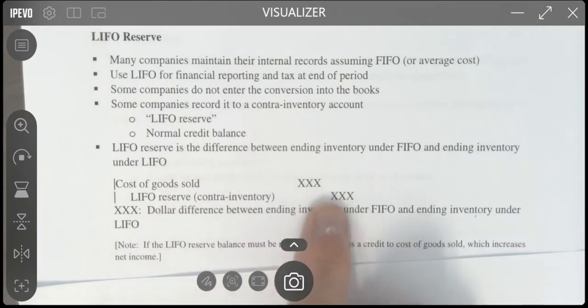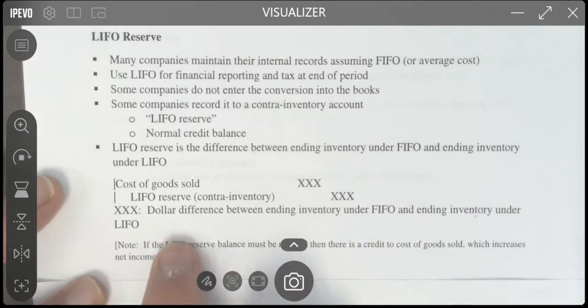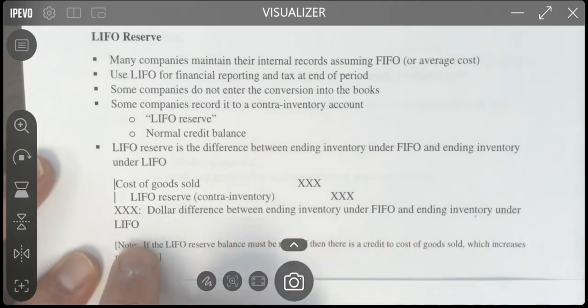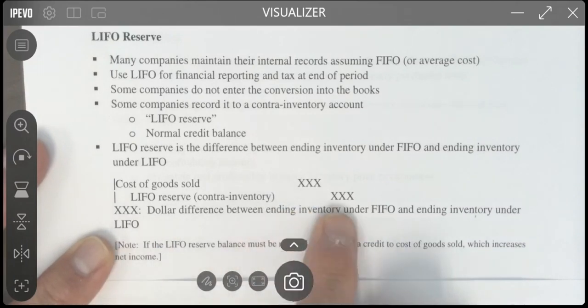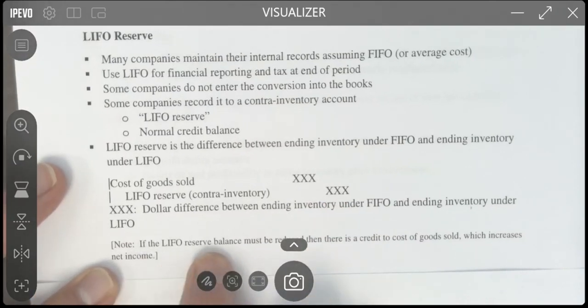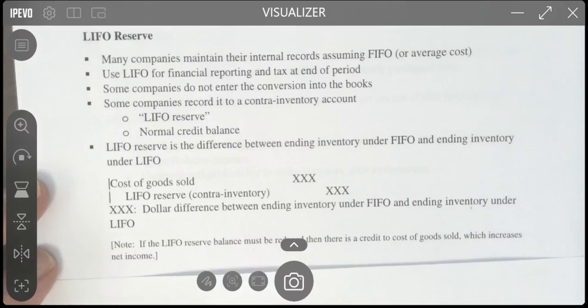So again, the amount is the dollar difference between the ending inventory under FIFO and ending inventory under LIFO. That's what we want the balance in the LIFO reserve to be. Note, if the LIFO reserve balance must be reduced, then there is a credit to cost of goods sold, which increases net income.